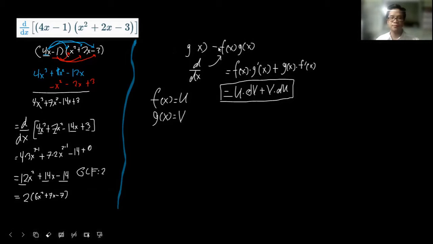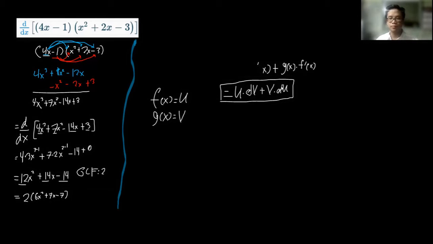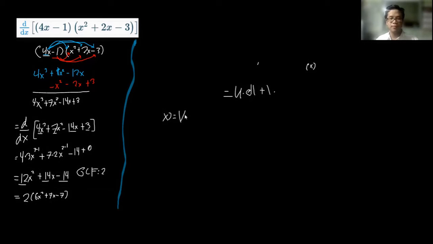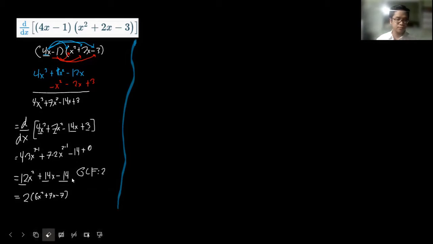Let me erase this one. Okay, I'm almost done. Just hold on. So let's have your u. My u here is 4x minus 1.